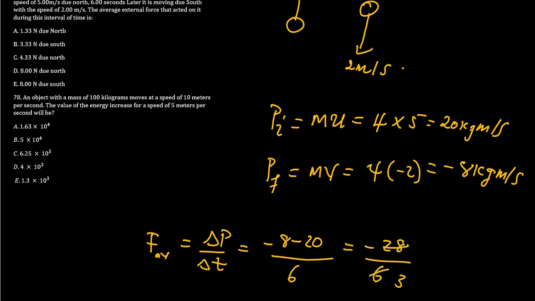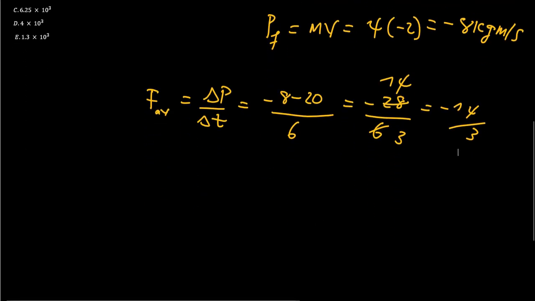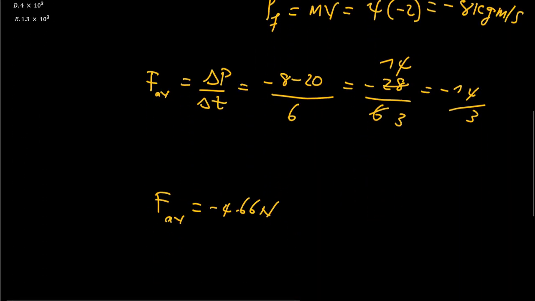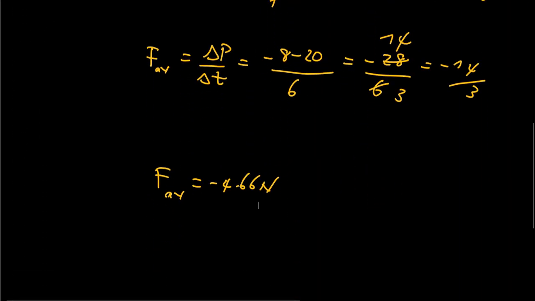This can be simplified to negative 14 divided by 3 Newton, which in decimal gives 4.6666 newtons. So the average force, F average, will be equal to negative 4.66 newton. The negative sign indicates that the direction of the force is definitely going to be downwards.